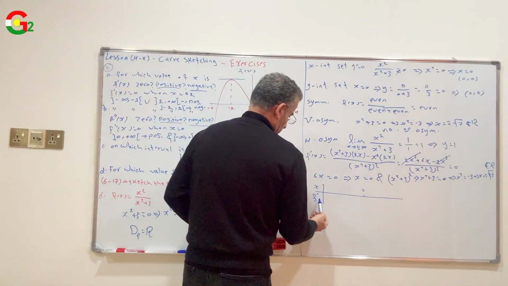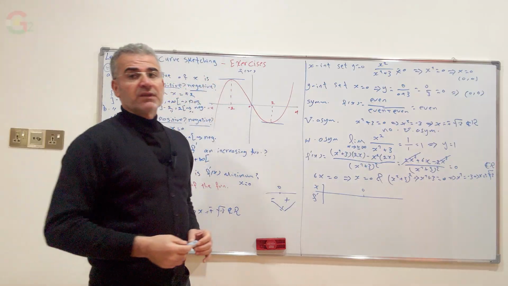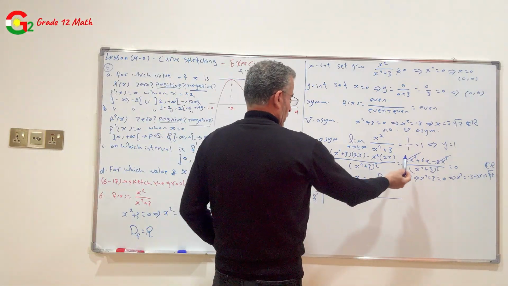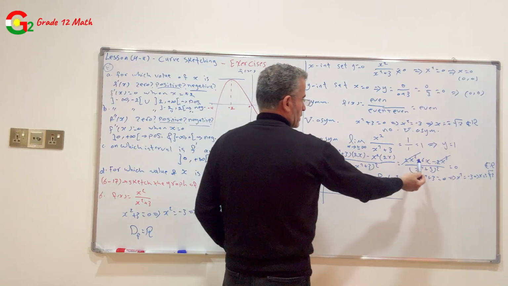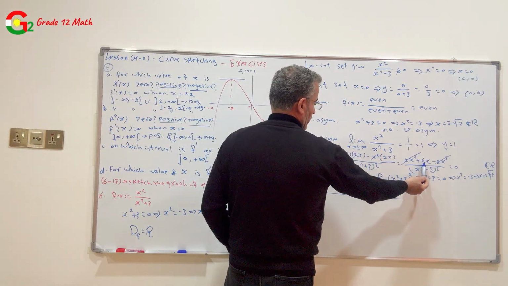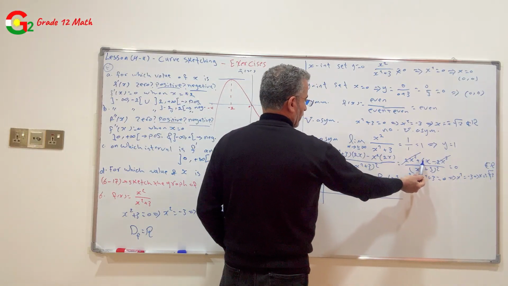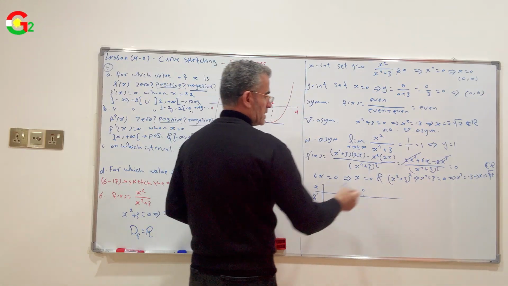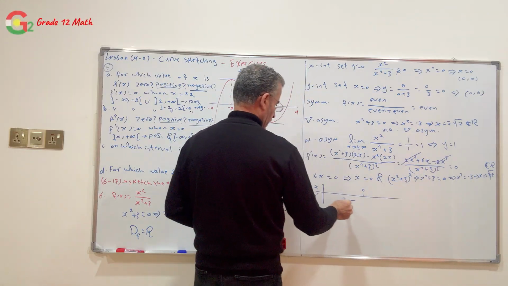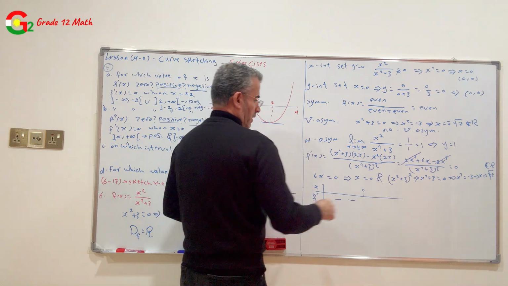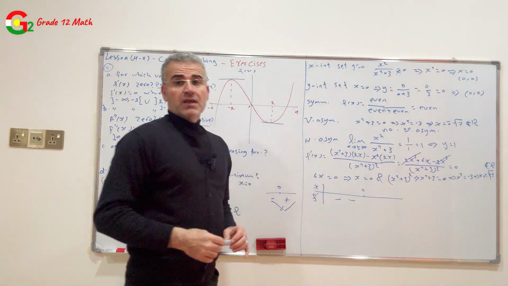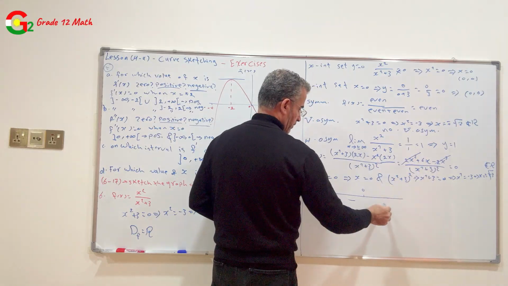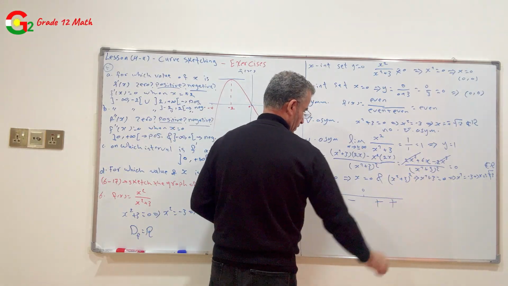To find the sign of the derivative before 0, take negative 1 and substitute it in the derivative of the function. 6 times negative 1 is negative 6, over a positive number, negative. If we take a value greater than 0, take 1. 6 times 1 is 6, over any positive number is a positive number.